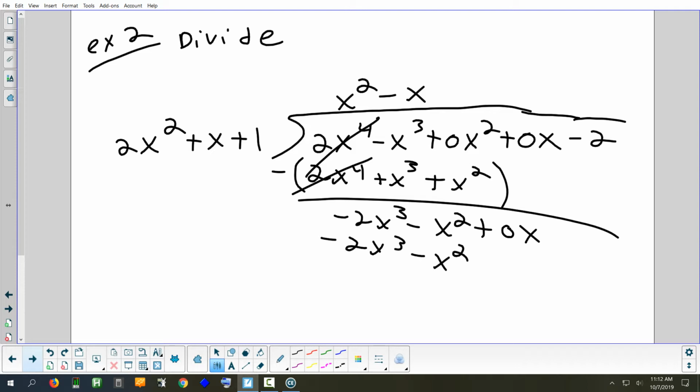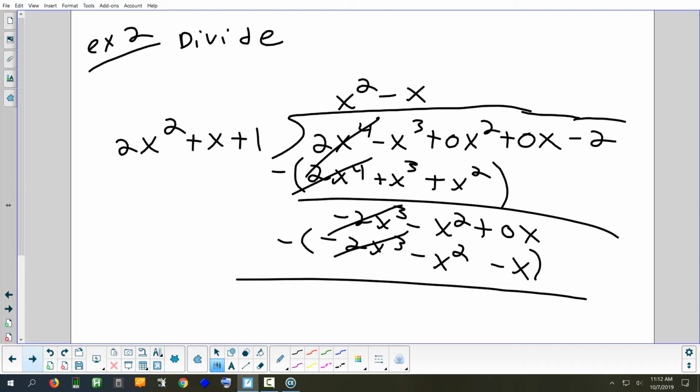And negative x times 1, negative x. Actually, this step is going to be kind of nice. I told you sometimes you get two things that cancel. Watch what happens here. What's negative 2x cubed minus negative 2x cubed? 0. What's negative x squared minus negative x squared? 0. So we just got two things that canceled in the same step, and now we're going to be done.